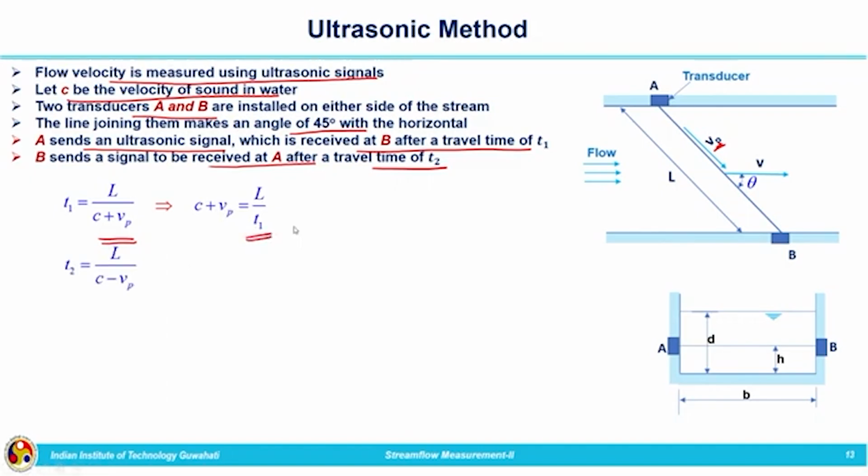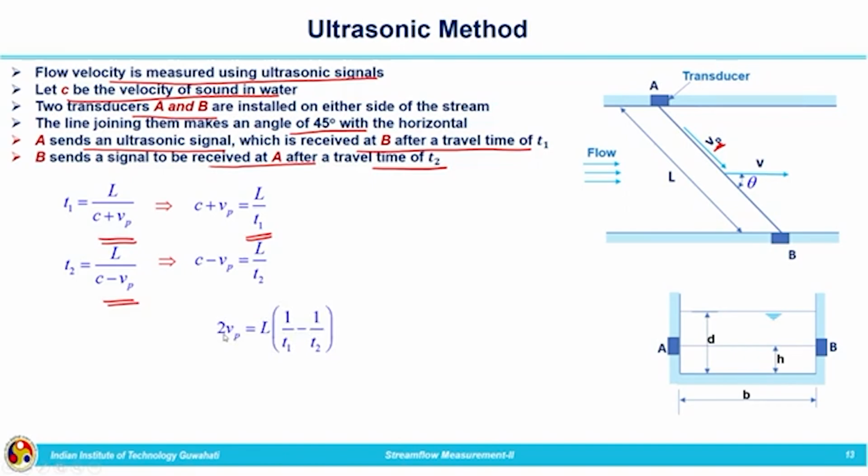As far as t2 is considered, it will be L divided by C minus Vp, because it is opposite to the flow path, so C minus Vp is equal to L by t2.